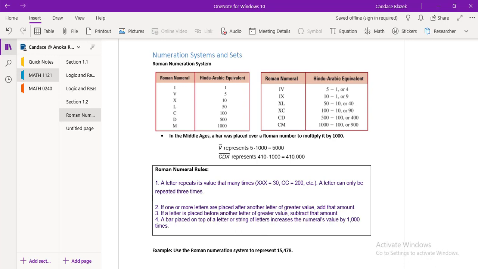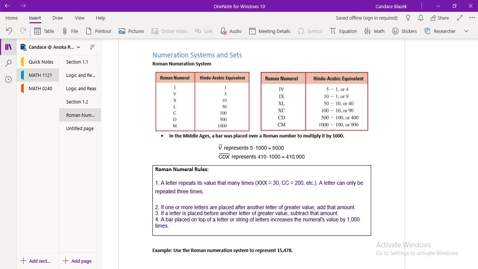Now, with the Roman numerals, because they try to be as efficient or concise as possible, when they put a smaller valued character, like an I, in front of a V, we subtract that amount. So I is 1, V is 5, the I comes before the V, so that's 5 minus 1 or 4.